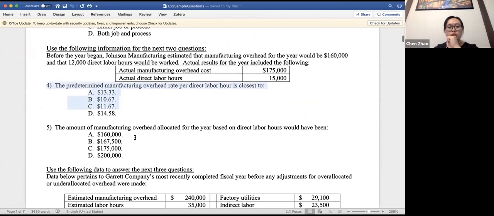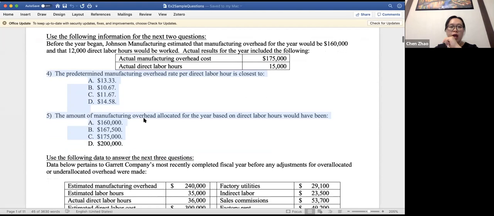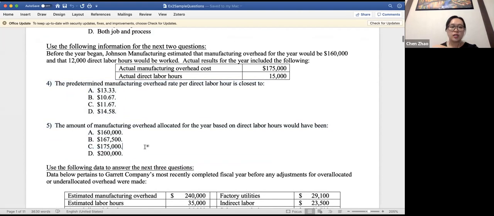So we are looking at chapter 3, and questions 4 and 5 are about doing an allocation of manufacturing overhead for a year. Do you want me to go through this problem, or are you good with how to do that?